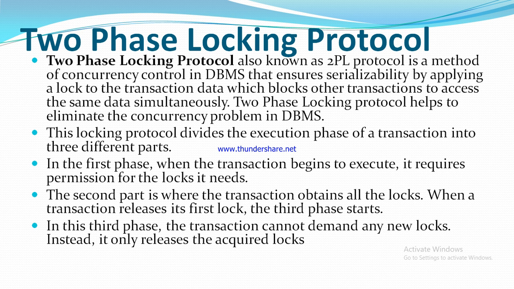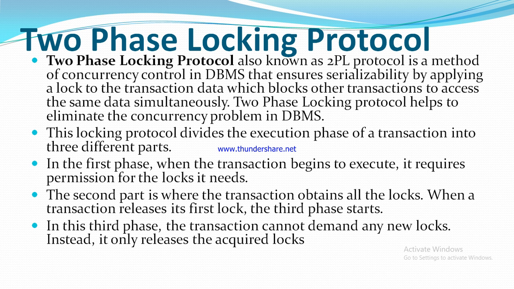What is the third phase? The transaction cannot demand new locks, and it releases the acquired locks. That is, I don't need any other locks, now I am free, I completed the work, so I have to release my lock. So in the third phase it completes the execution and releases the lock.